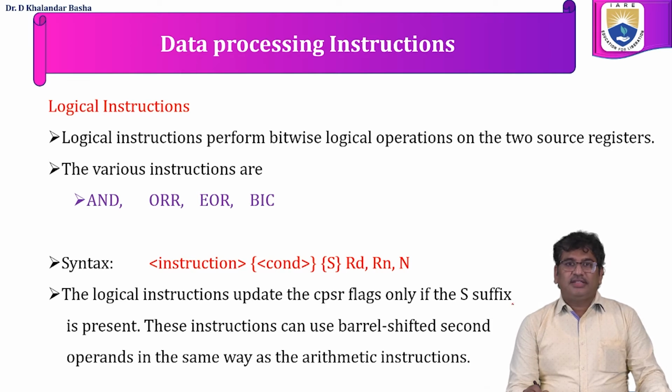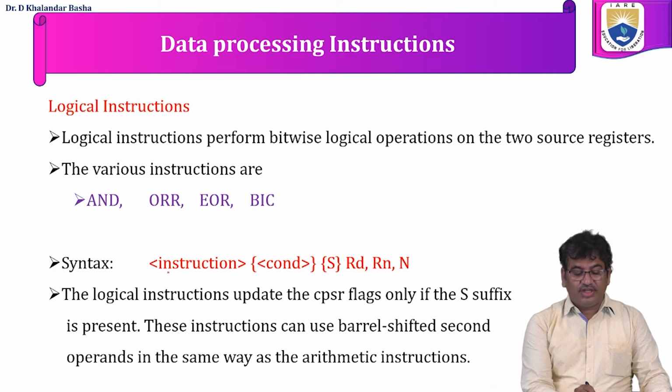The next category is logical instruction. Logical instructions perform bitwise logical operations on 2 source registers. The various instructions under logical instruction category are AND, ORR, EOR and BIC.